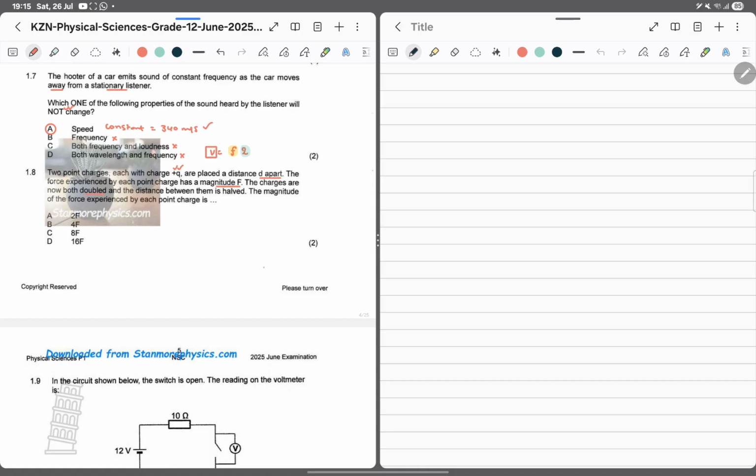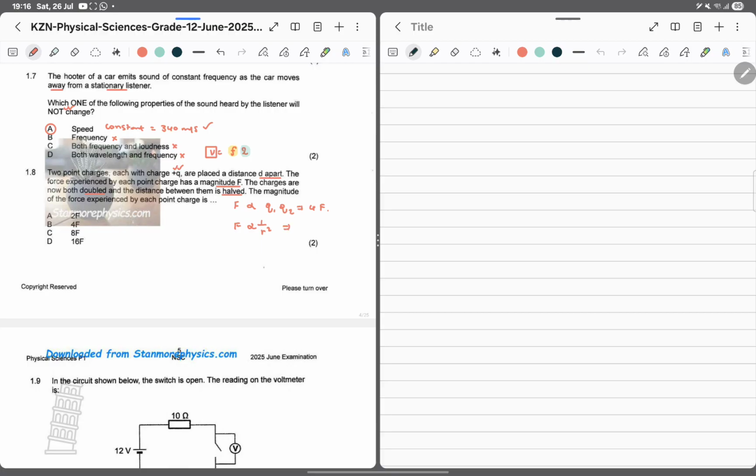So if we double the charges, what do we know? We know that the electrostatic force F is directly proportional to the product of the charges. Now if we double each charge, it means we are quadrupling the force. Right, and the distance between them is halved. We know that the force F is inversely proportional to the square of the distance.